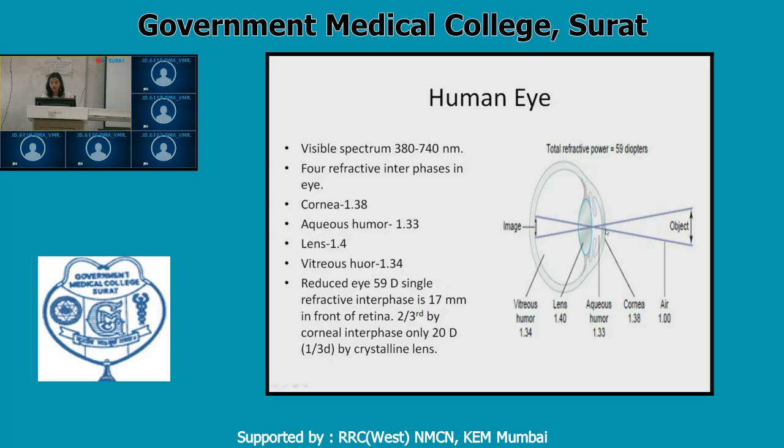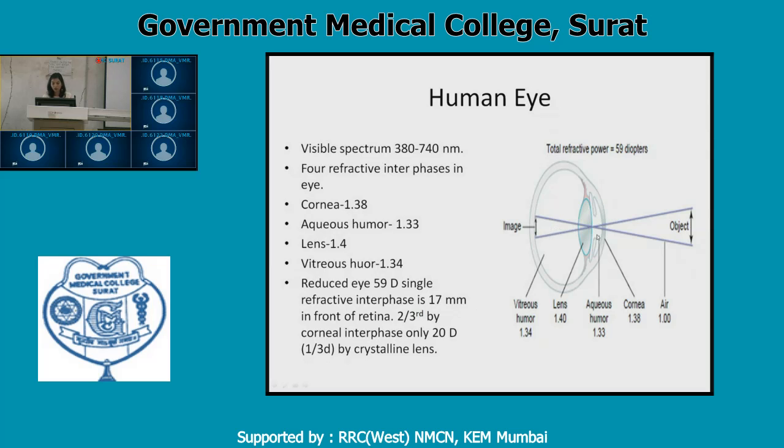Why is it so? In spite of the higher refractive index of the lens, this lens is placed between 2 fluids which have a refractive index comparable to that of the lens. So the maximum bending, or maximum refraction, is achieved through the cornea, because the difference between the refractive indexes of air and cornea is quite large as compared to aqueous humor and lens, and also lens and vitreous humor.